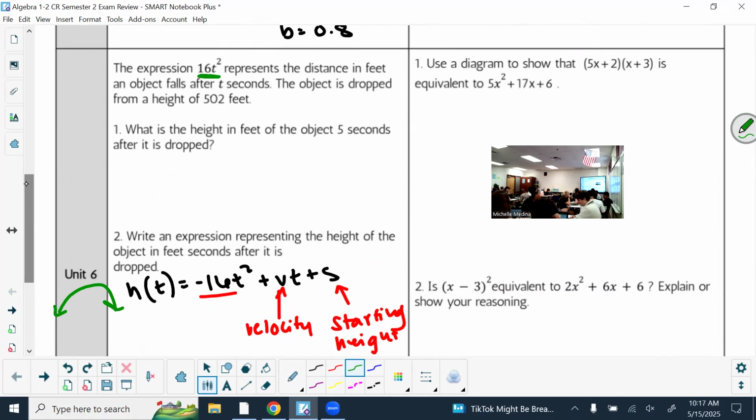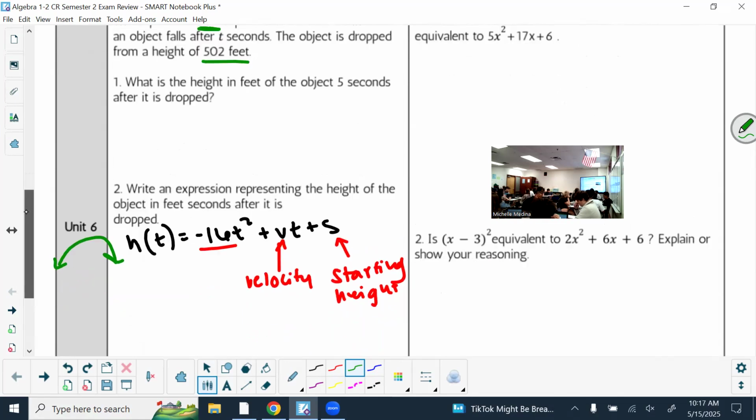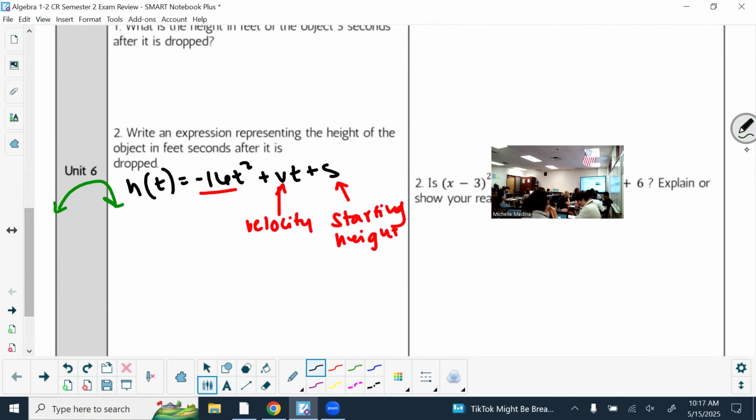And then it says it's being dropped from a height of 502 feet. It doesn't say anything about velocity. So when I'm writing my expression, I would have negative 16t squared, no velocity, so 0t, which would just cancel out that term anyway, plus 502 was the starting height.